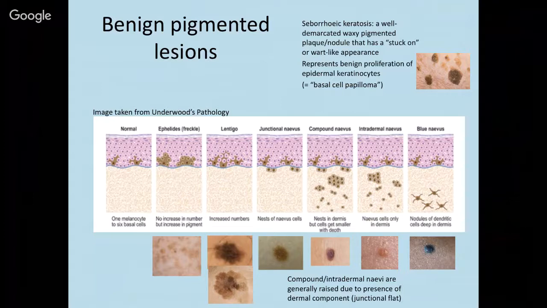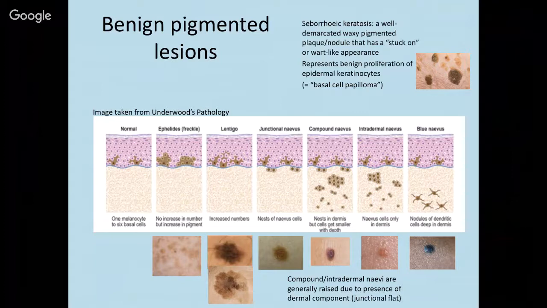You can also have a blue nevus, which can sometimes look like, people worry about melanoma and nodular melanoma. One of the biggest other things is a seborrheic keratosis. They're really, really common, especially in elderly patients, and they can look quite ugly and nasty, so sometimes people can confuse them for melanoma. The buzzword for them is they've got a stuck-on or wart-like appearance. They're often a plaque or a nodule that looks waxy.